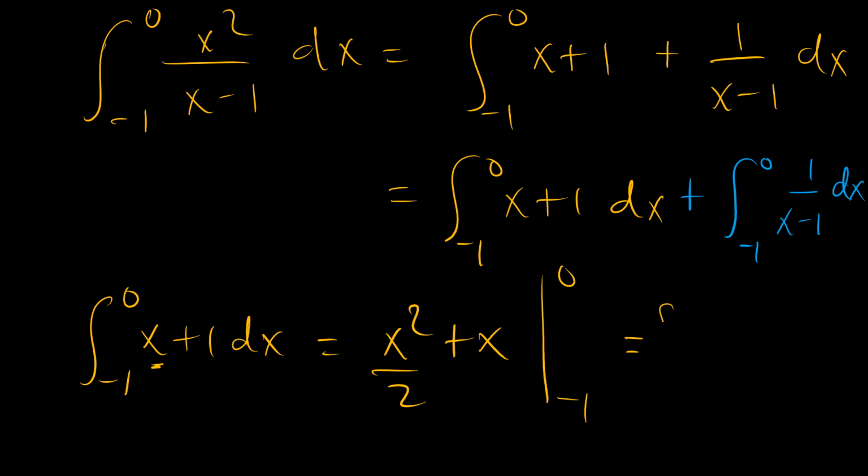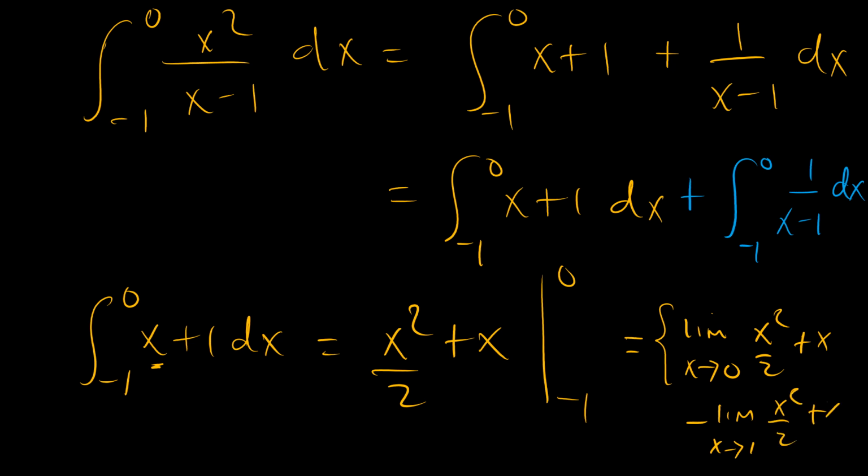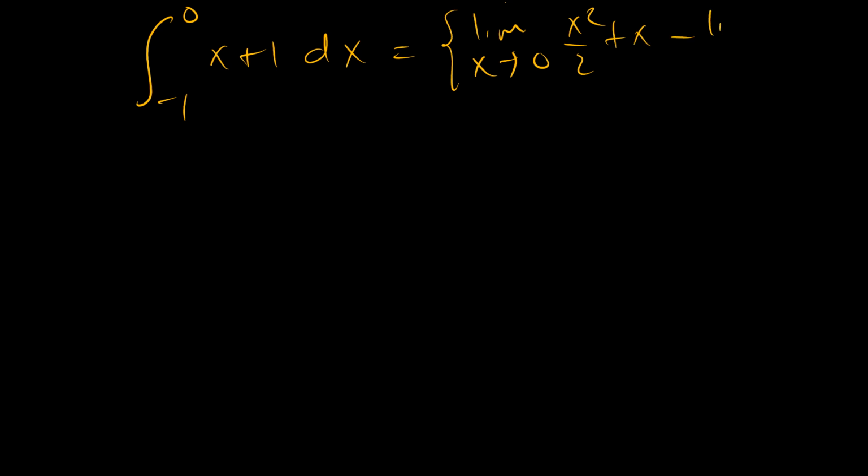Substituting 0 into x squared over 2 plus x gives 0, minus the value as x tends to -1 of x squared over 2 plus x.